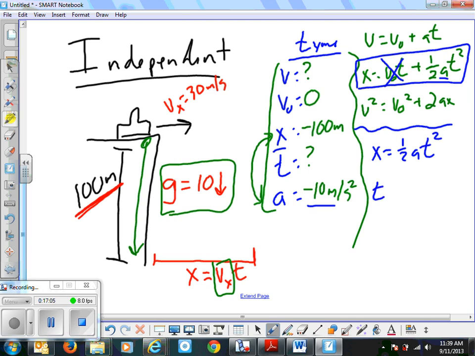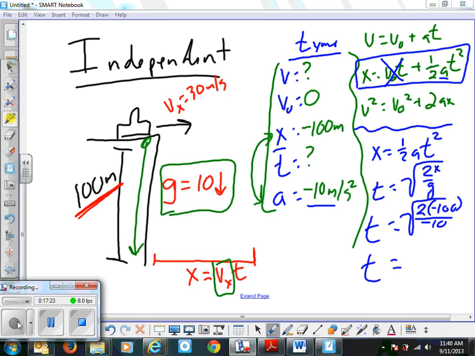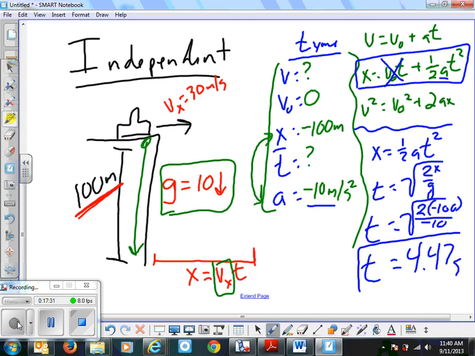T then equals the square root of 2x over little g. T then equals the square root of 2 times negative 100 all over negative 10. So time equals the square root of 20. Joel, or whoever, what is it? 4.47 seconds. So that's how much time it's going to take this car to fall.